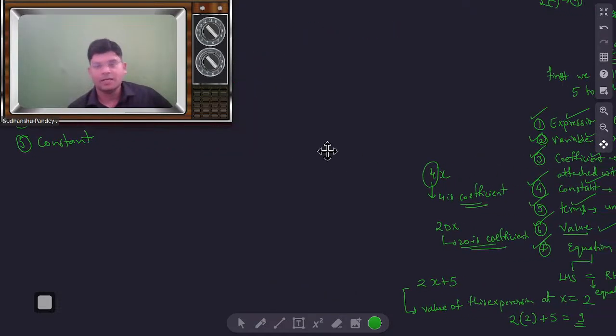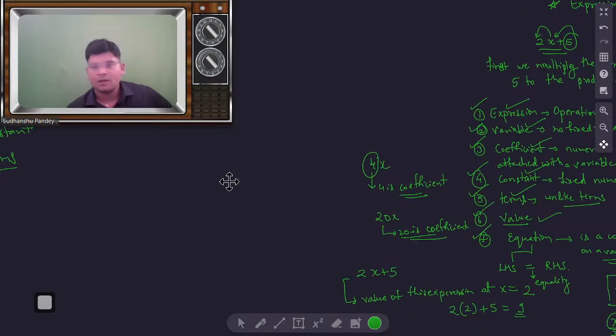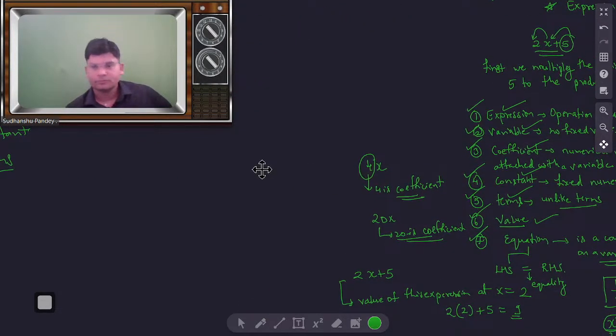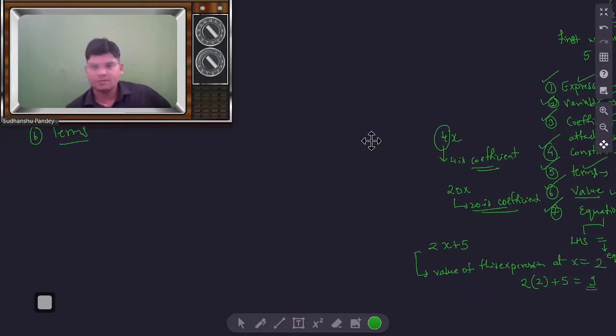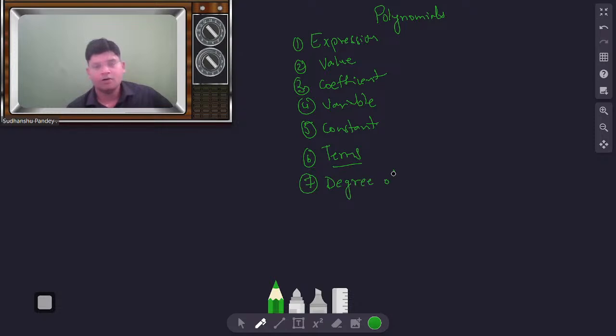If I am missing any part you can let me know. Okay, so only these 6 parts: coefficient, variable, expression, terms, value, equation. Now there is also a terminology: degree of a polynomial.